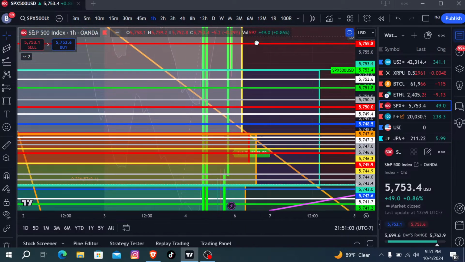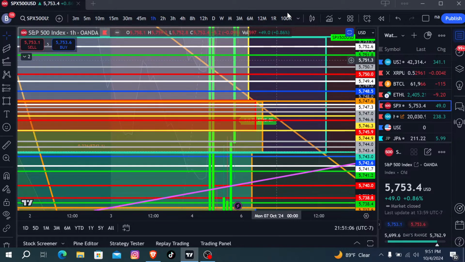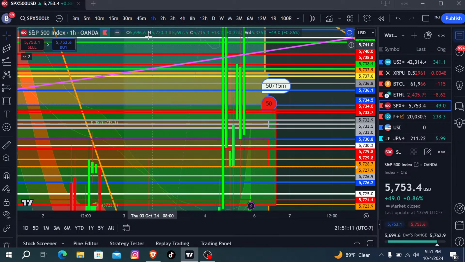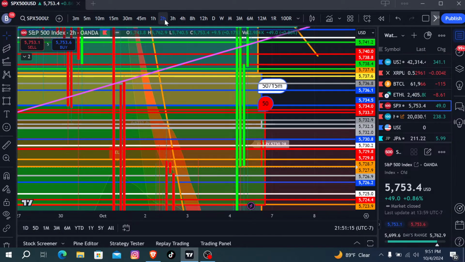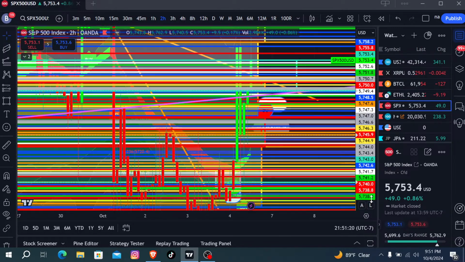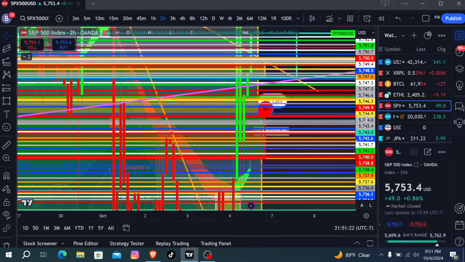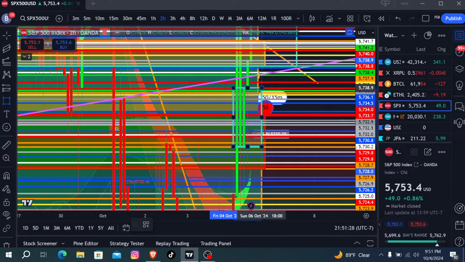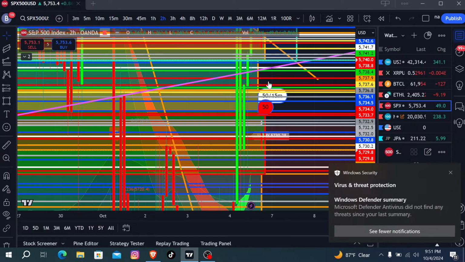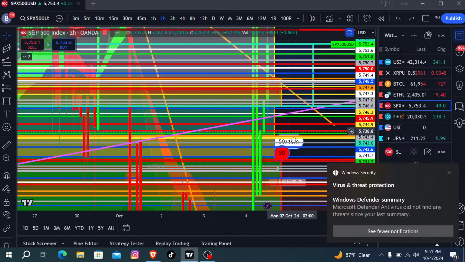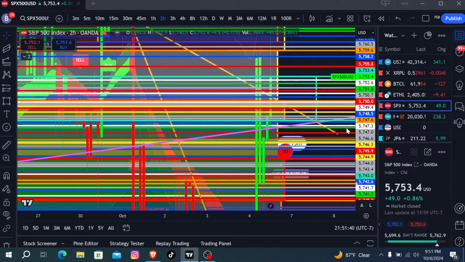So yeah, if I would have paid attention to this, I would have been patient, because right here we have another box. Watch. Right there. This big one. Which one's the box that I just drew right now?